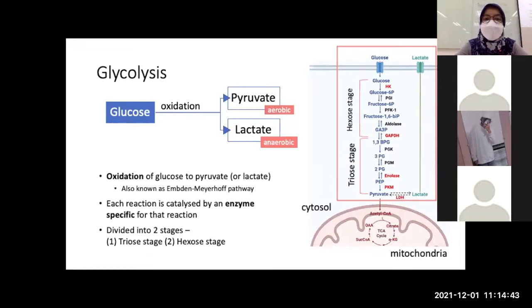In order for pyruvate to be formed from glucose, it requires aerobic condition. So what is aerobic condition? Yes, presence of oxygen. In a condition where there's lack of oxygen, we call it anaerobic condition. Glucose will produce lactate.